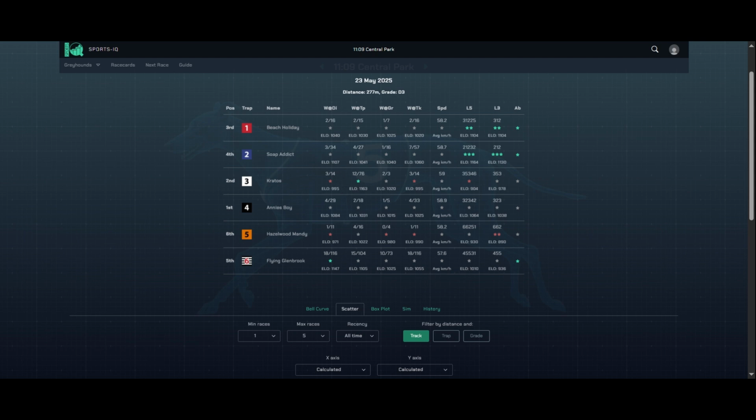This is about as much as I'd push it. If you look here, trap 3 is actually the fastest, where it's got a speed of 59, and our Maverick trap 4 is the second fastest at 58.9. That's the only little bit of wiggle room I give to this, but most of the time there's enough races, don't even wiggle, stick to the fastest all round.